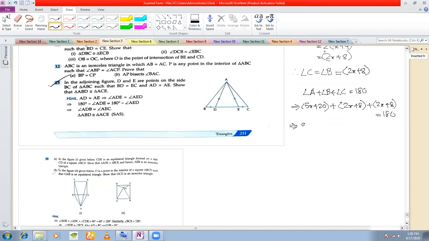That means 5x plus 2x plus 2x is 9x, and 20 plus 16 is 36. So 9x equals 180 minus 36. How much is 180 minus 36? 144.